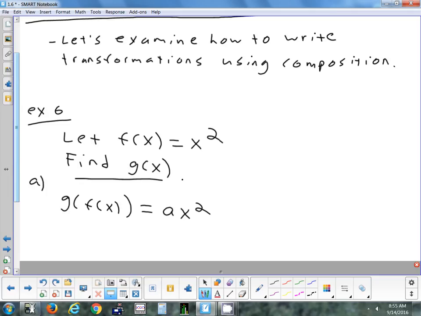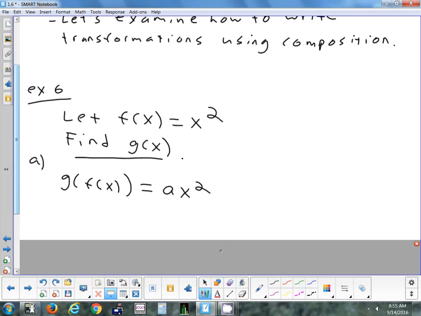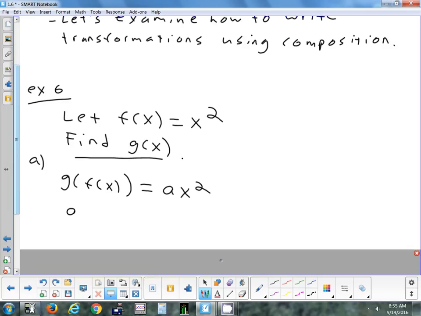All right, so I know f of x equals x squared. I know g of f of x equals ax squared. Okay, this would be like a vertical stretch. I want you to tell me g of x. All right, so let's just plug in what we know.